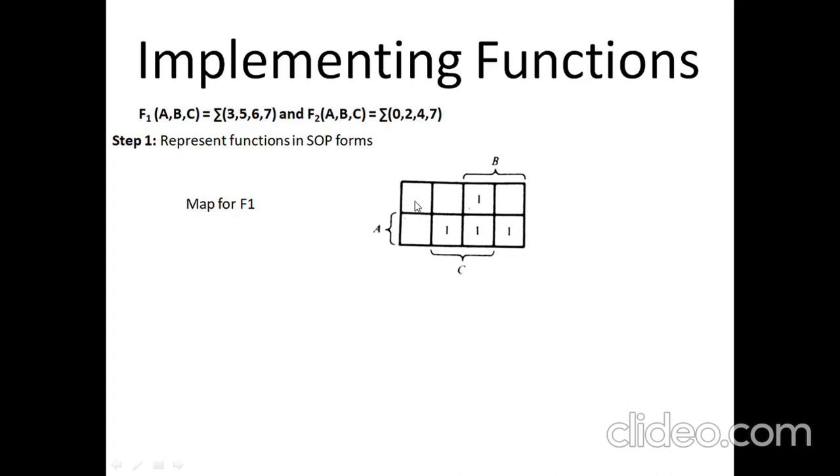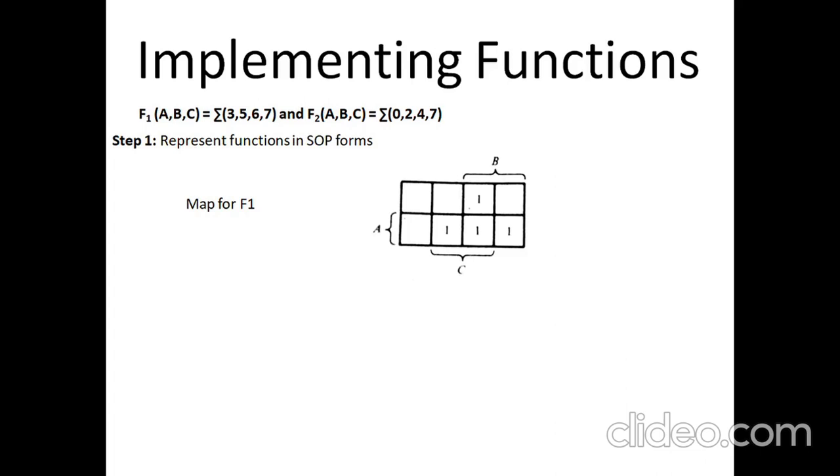For example, minterm 0 is not there, 1, 2 are not there, 3 is there, 4 is not there, 5 is there, 6 is there, and 7 is there. So these four minterms are part of the Boolean function, so the corresponding squares are marked with 1. And the rest of the squares, which represent 0, are left empty. You can write 0 otherwise. Okay, so we have a K-map for the three variable Boolean function f1.